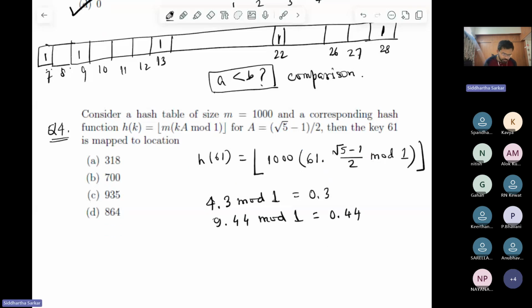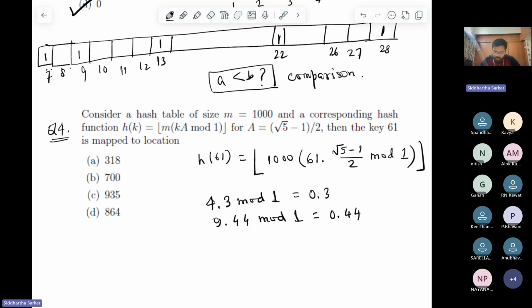Okay, we have one answer. All of you try to calculate this. Nayana Shri is also getting 700.